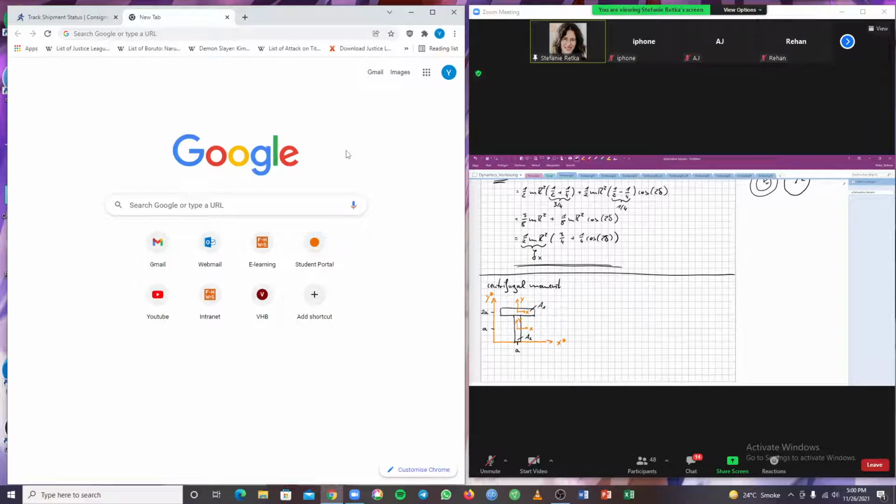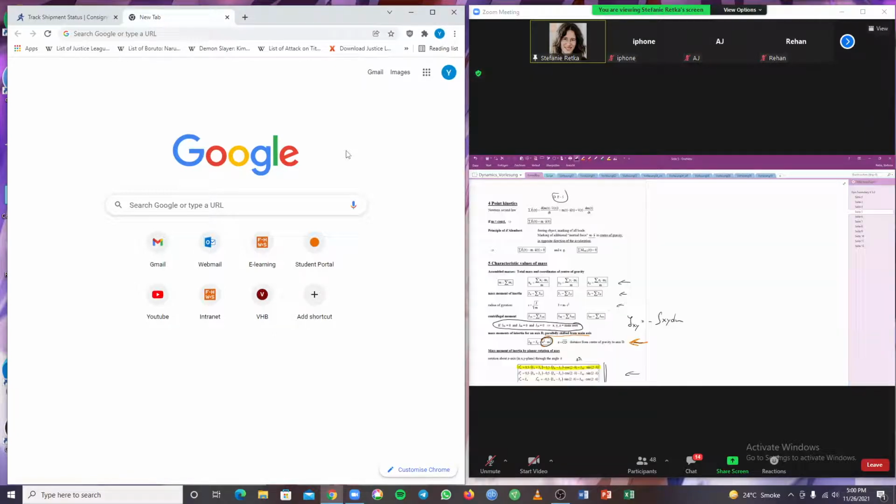Now, let's have a look at the formulary again. In our main axis, the centrifugal moment is equal to 0, as stated here.